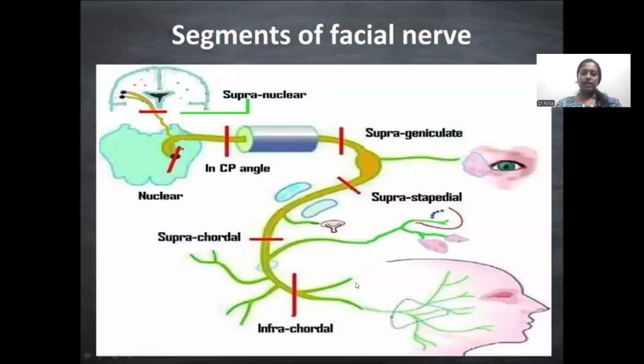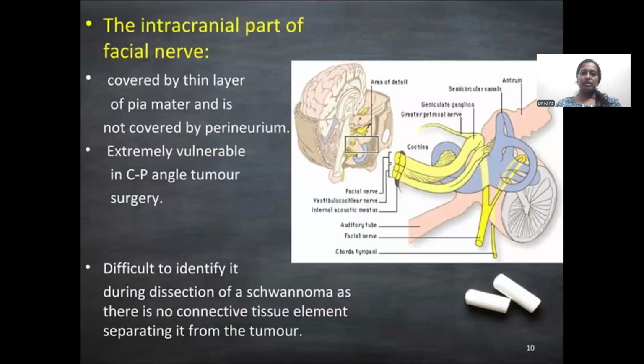So these are the segments of the facial nerve we already discussed. This is the intracranial part, where it originates from the pons and enters the internal auditory canal.